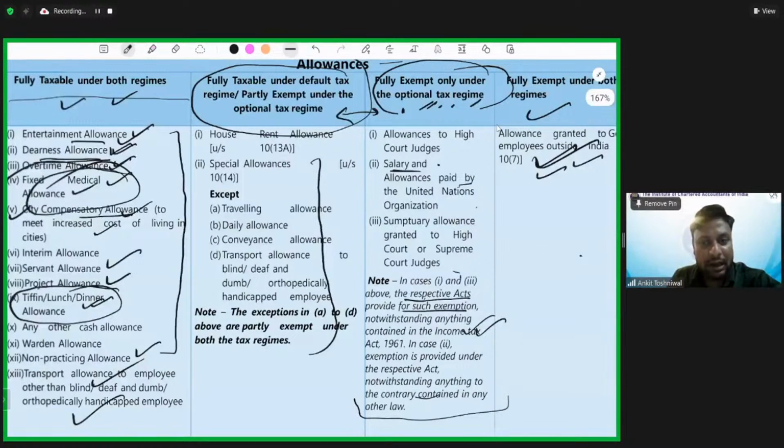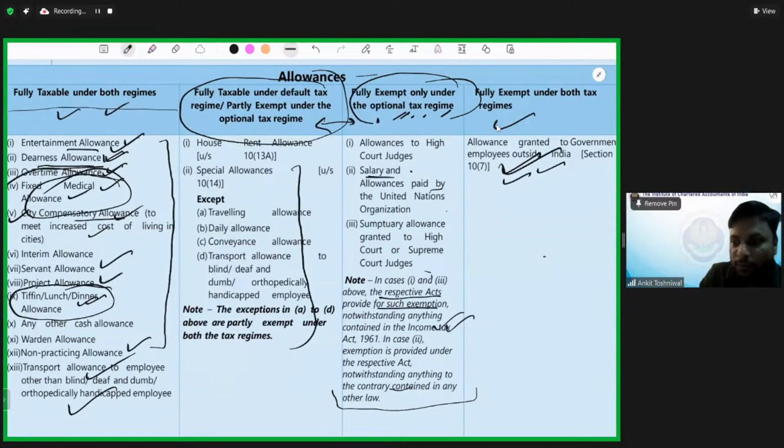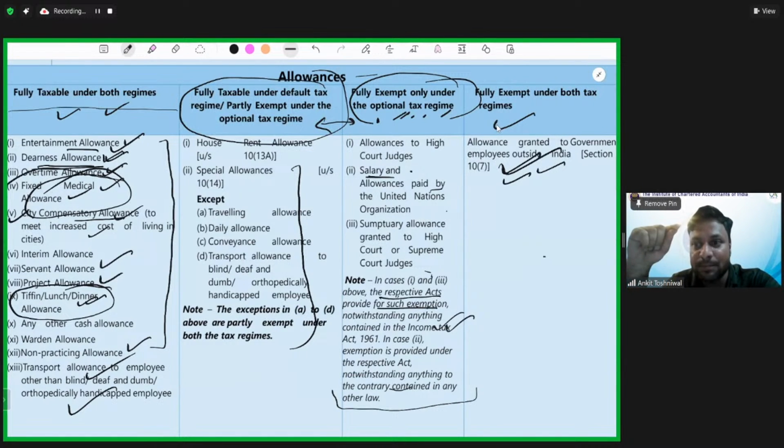So I repeat allowances again, because this is very important. We divide allowances into 3 categories: fully taxable in both regimes, fully exempt in both regimes, and fully exempt in the old regime, but clarification under the new regime is still pending. Okay.